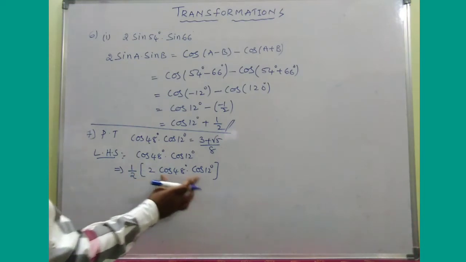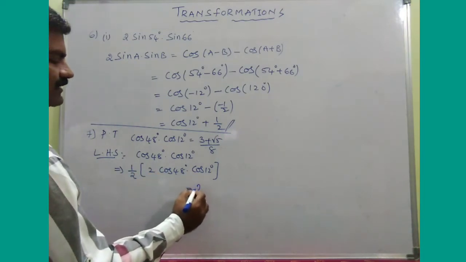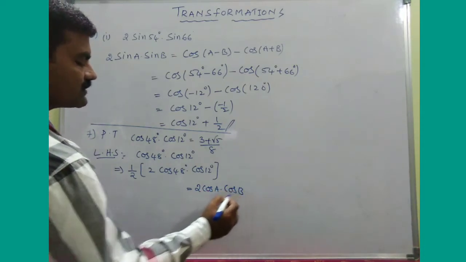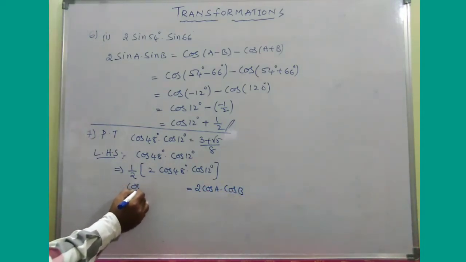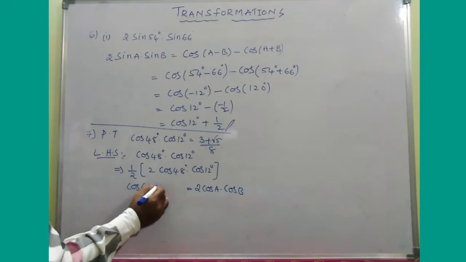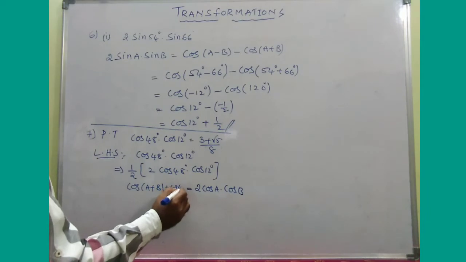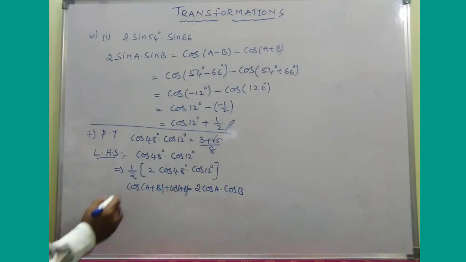Now this is just like 2 cos A into cos B. You know what is the formula for that? Cos of (A plus B) plus cos of (A minus B).